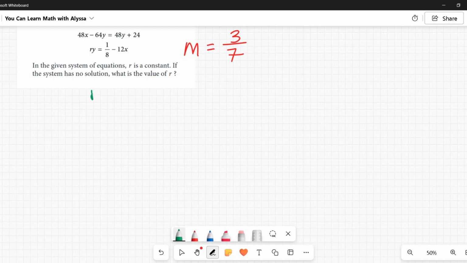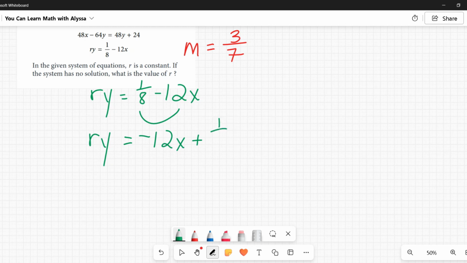And that is r times y equals 1/8 minus 12x. And I'm going to reorder those so it looks more like my y equals mx plus b. ry equals negative 12x plus 1/8. Now to get y by itself, it's currently being multiplied by r, our unknown constant.